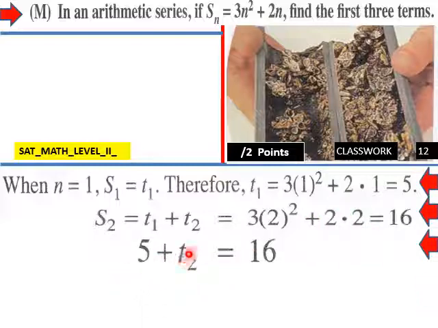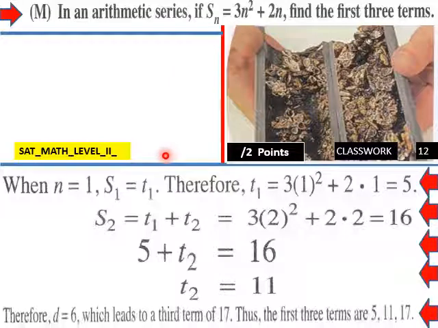So 5 plus term 2 equals 16, and our second term is 11. Therefore d equals 6, which leads to a third term of 17. Thus, the first three terms are 5, 11, and 17.